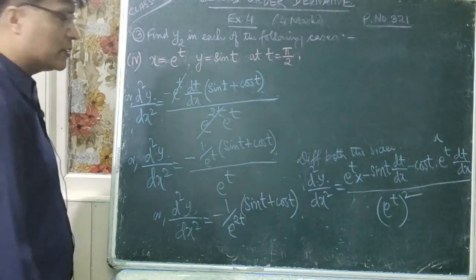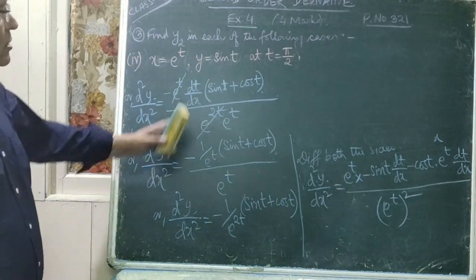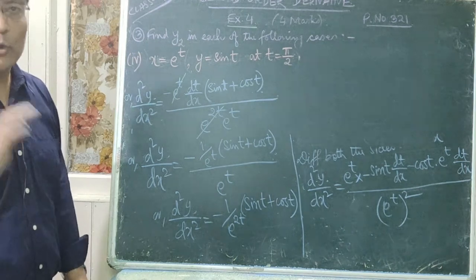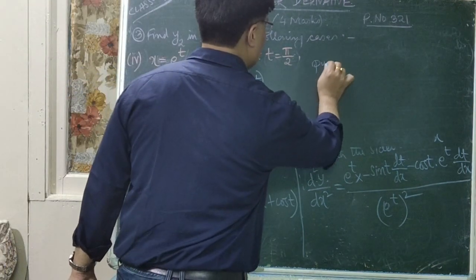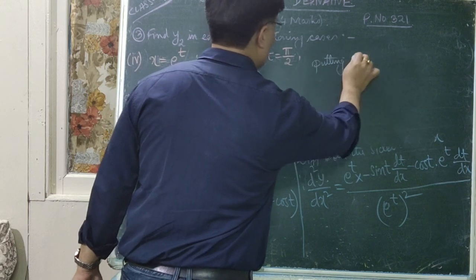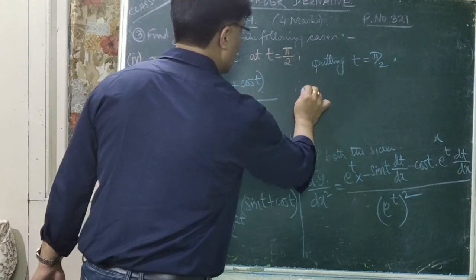So I think you have understood it. Now this is not the answer, because in the question it is given that you have to put t is equal to pi by 2. So putting t is equal to pi by 2, what do we get?